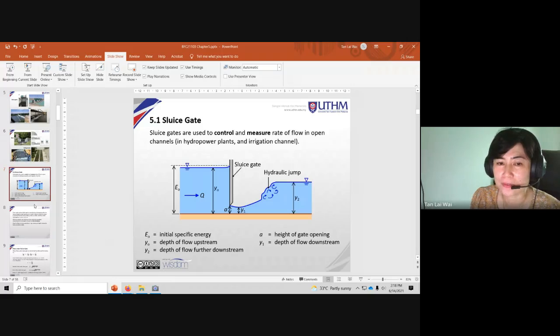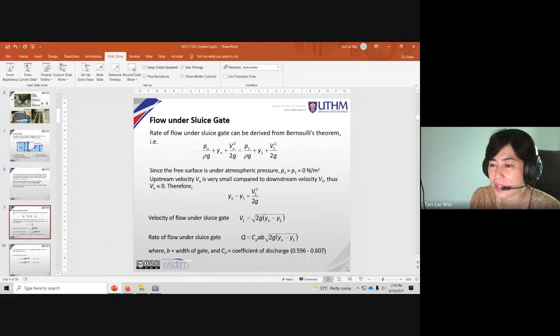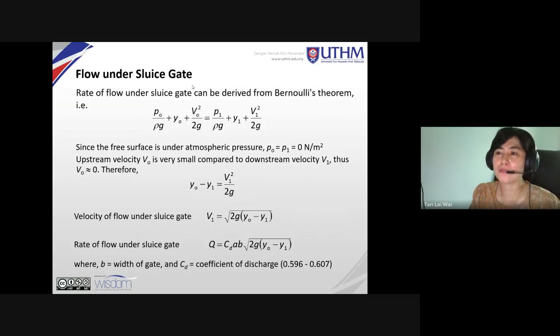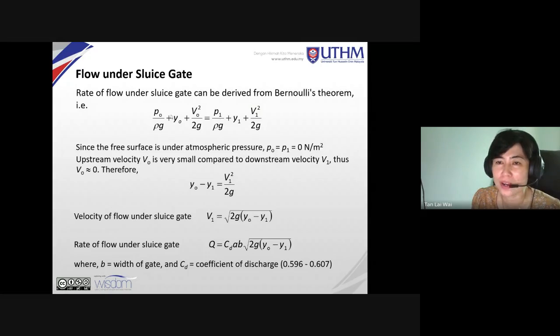Therefore, if we take Bernoulli's theorem at 2 points, point 0 and 1, the pressure at 0, and at location 1, because it's measuring the atmospheric pressure, is 0. This is almost 0, so what you have is y0 equals y1 plus v1 squared over 2g.